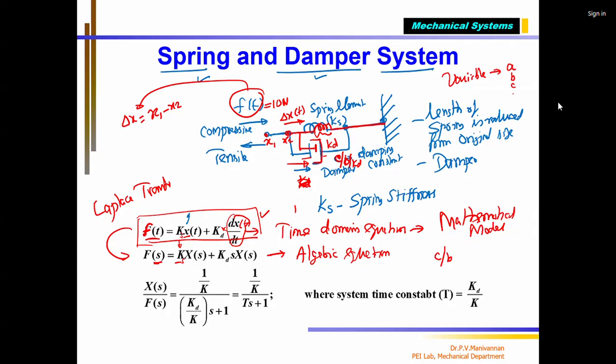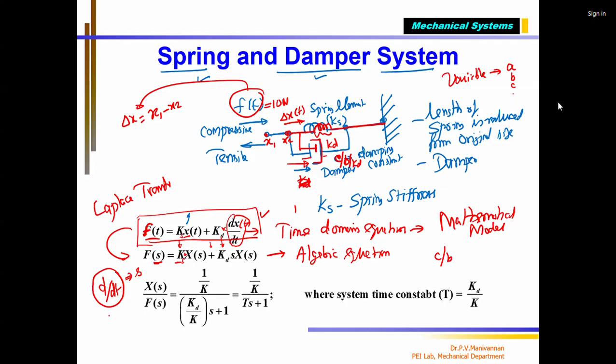The multiplication term remains as it is, k into capital X. The addition will come as it is. And again, this constant will be coming as it is. The only thing that happens is that d by dt, which we call a differential operator in mathematics, will be replaced by the Laplace variable s power 1. That is just s.